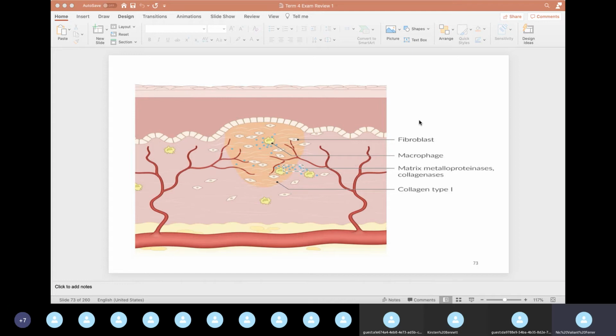Type 1 collagen is found where? Bone. So BTS, K-pop, bone, tendon, skin. Give me a pathology that's involved with type 1 collagen. Osteogenesis imperfecta. Signs and symptoms?